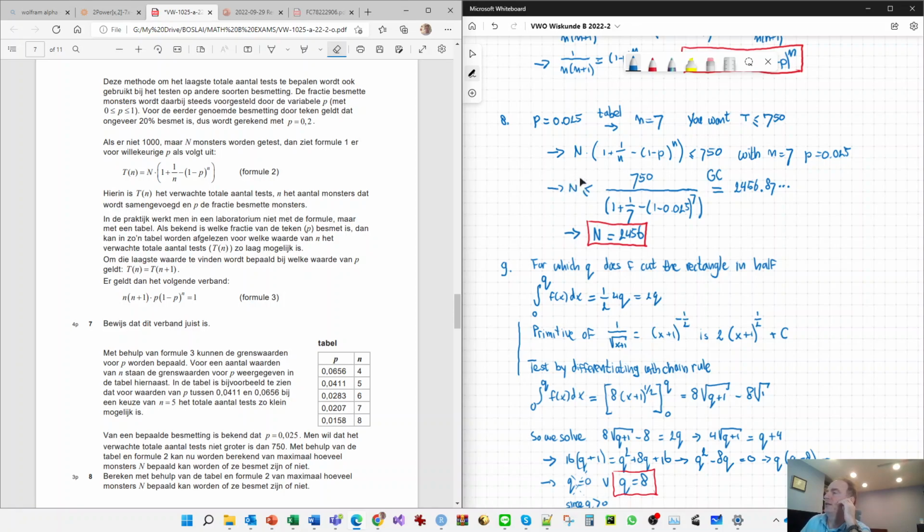That means that n has to be smaller than this fraction, which you just have to plug in the graphic calculator, and then you get this. Of course n has to be a whole number, but this wouldn't be satisfied if you pick 2457. So basically the answer is n is 2456.